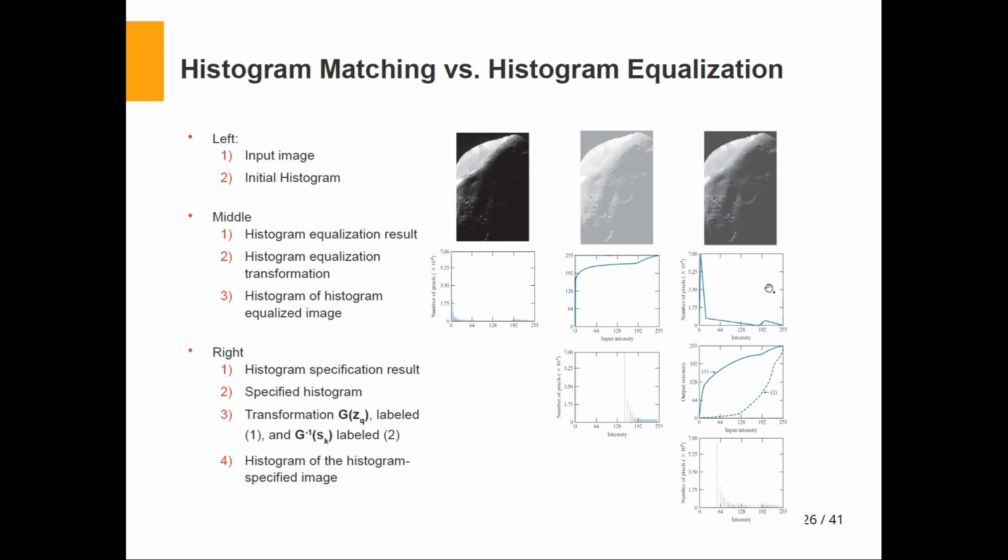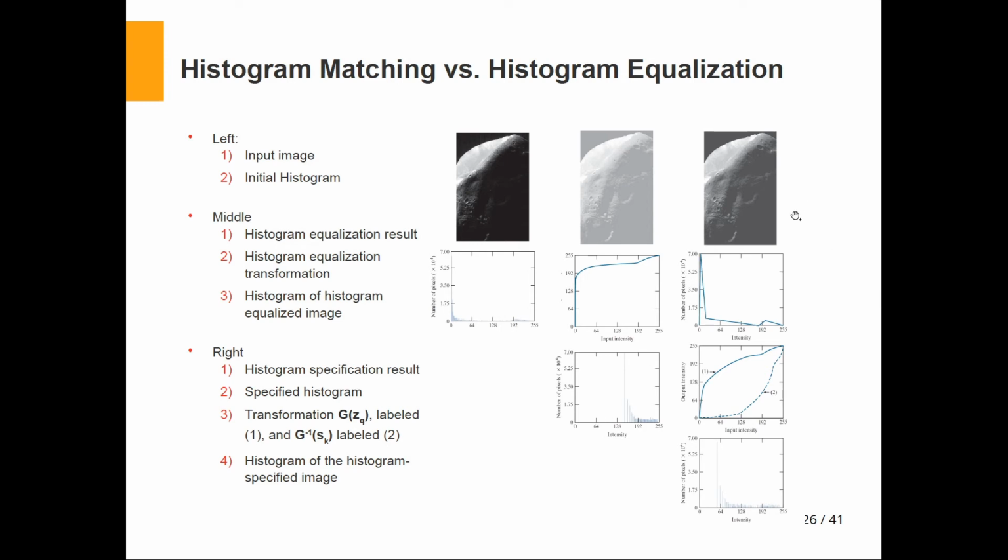So with the specified histogram, we try to stretch the intensity values in the dark regions while keeping the intensity values in the bright regions almost unaffected. This is the specified histogram that we use. We are extending the histogram in the very dark region, while the bright regions are almost identical to the original image.